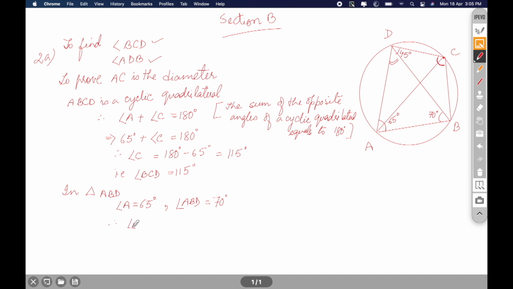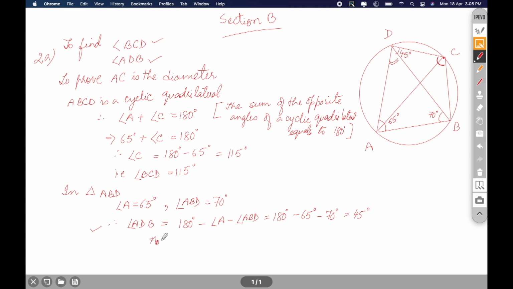Therefore we can write angle ADB equals 180 minus angle A minus angle ABD. So this gives us 180 degree minus 65 degree minus 70 degree, giving us 45 degree. So we have obtained part 2 of the question, that is angle ADB equals 45 degree.